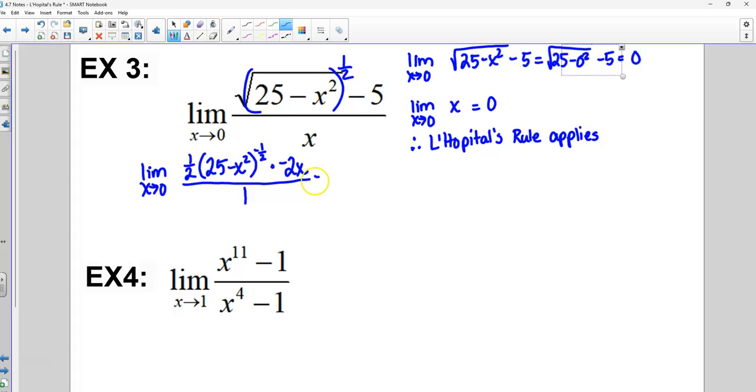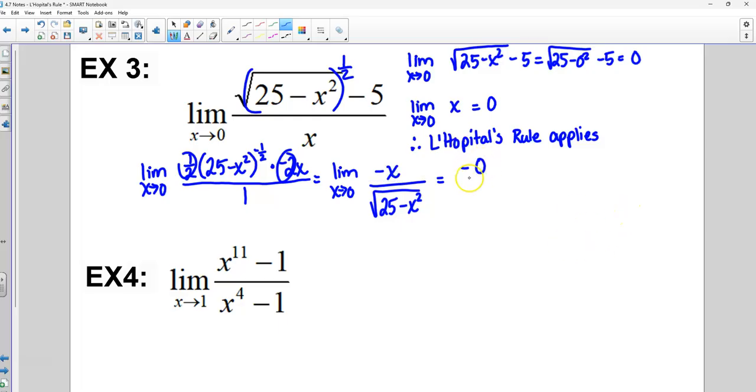So we could say this equals, don't drop your limit notation yet because you haven't plugged in 0. I'm going to simplify this a little bit to make it easier to plug in. 1/2 times negative 2 is going to give me negative 1x. And then I'm going to send the 25 minus x squared to the 1/2 down to the bottom. So that'll be square root of 25 minus x squared. Okay, now I can just plug in 0.